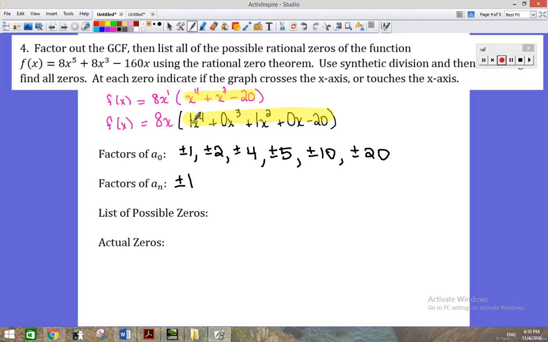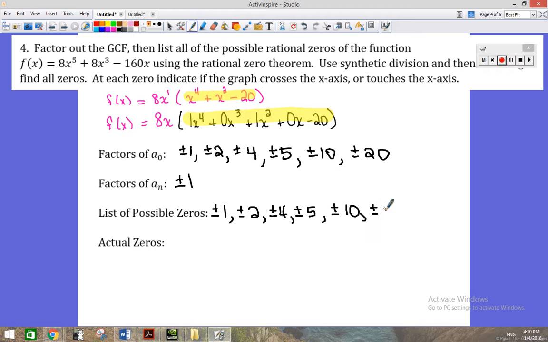So for this polynomial function that I have highlighted, if it crosses the x-axis at a rational number, then it will be in this list. No guarantee that it does cross at any of these values.